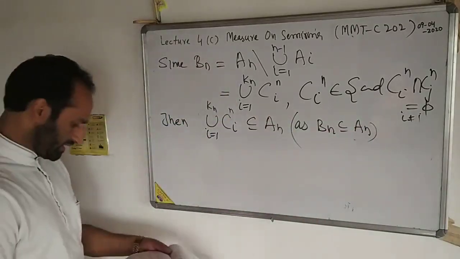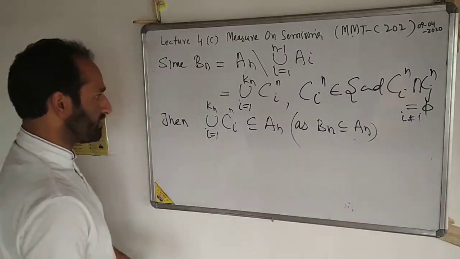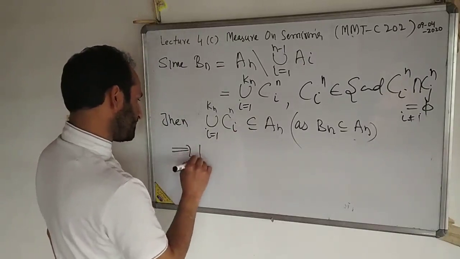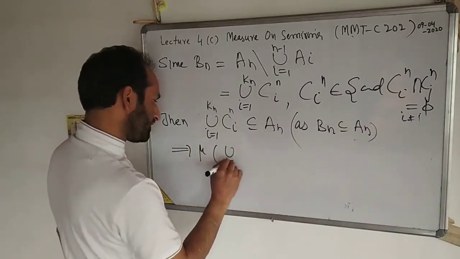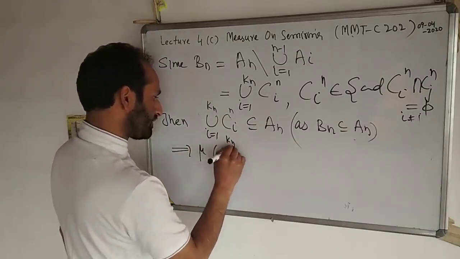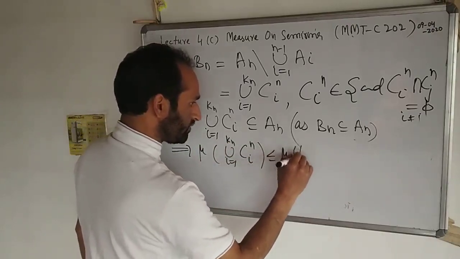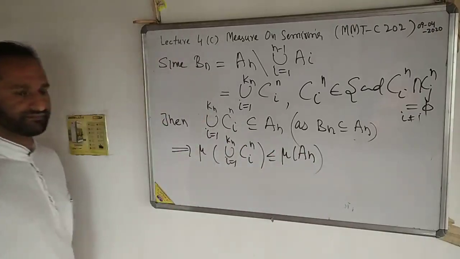So let's apply mu on both sides. Mu is a measure and therefore mu is monotone. That means mu of the union i runs from 1 to Kn of Cin is less or equal to mu of An.